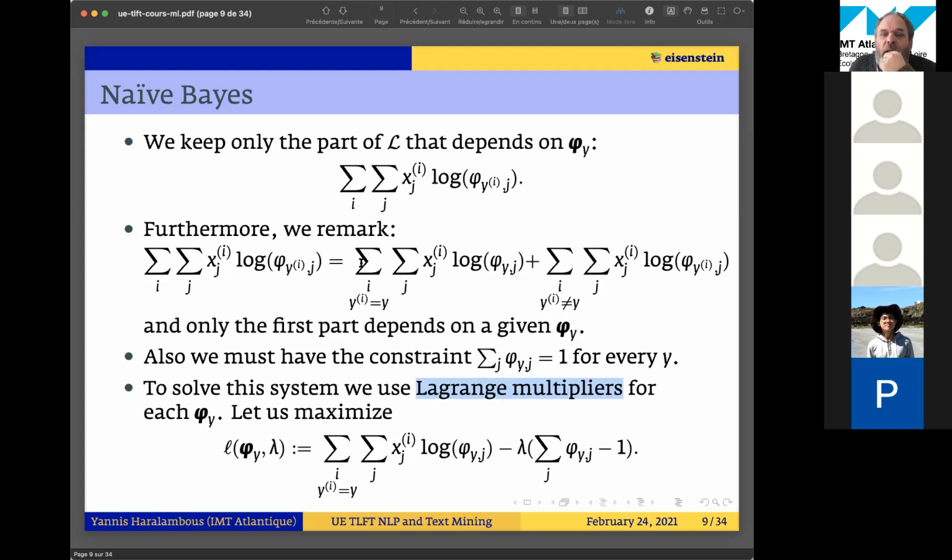And we take the formula minus lambda, where lambda is a scalar, times the constraint, the part which is equal to 0. We get a new formula. This new formula is a function of lambda, but also a function of phi y, and we maximize it. And this maximization will give us a solution of the formula plus the constraint.